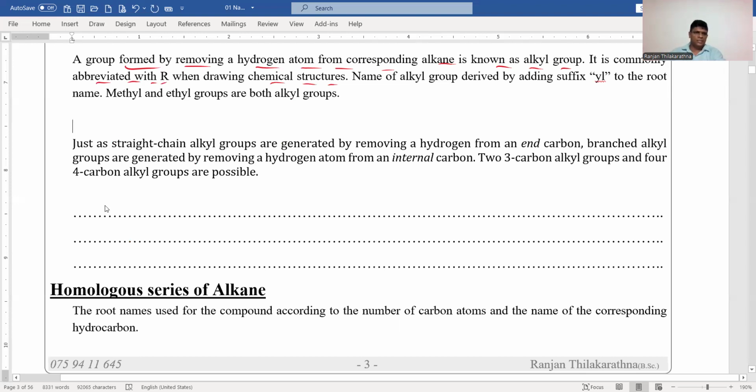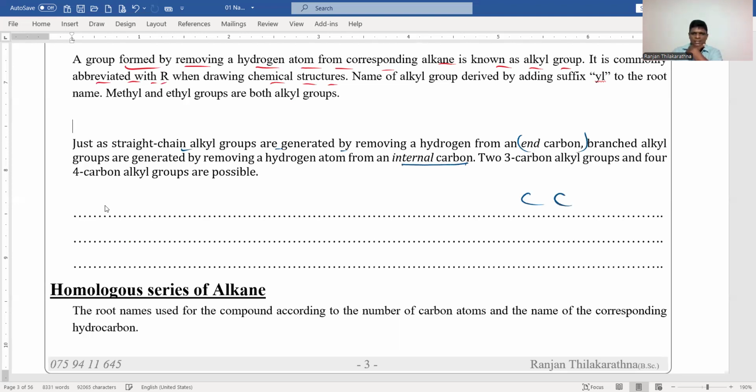Then straight chain alkyl groups are generally formed by removing the hydrogen from the end carbon. Normally, as I told you earlier, we remove the hydrogen from the end or terminal carbon, then you will get the alkyl group. The branched alkyl groups are generated by removing a hydrogen atom from an internal carbon.